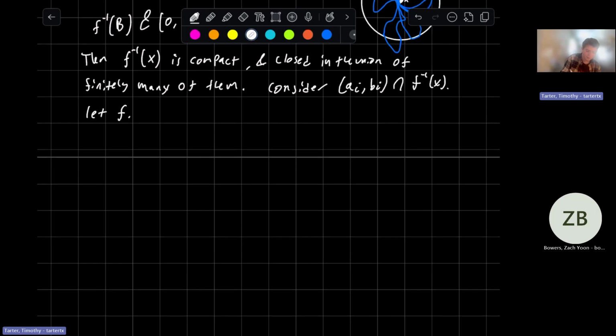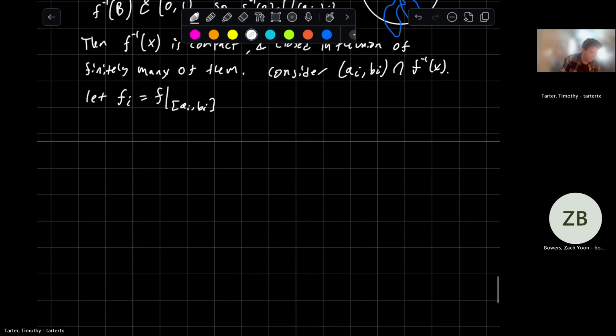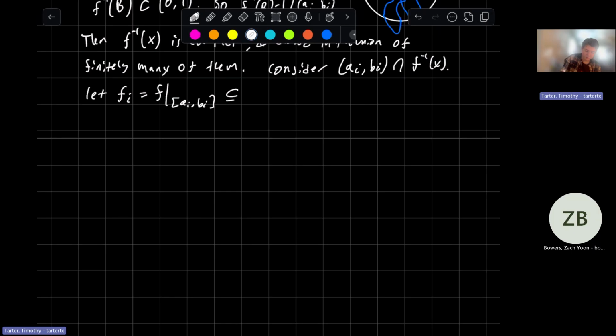Then let f_i be the restriction of f to (a_i, b_i), which is in the closure of B. And then f of a_i and f of b_i are in the boundary of B. Just in the boundary of B, which is in the closure of B, but whatever.